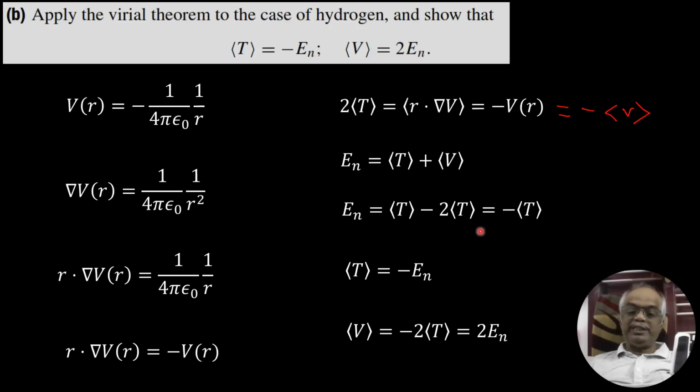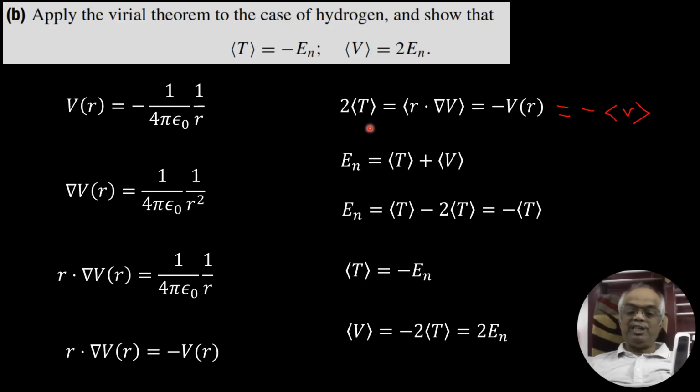Then naturally, E_n is equal to minus the expectation value of T. Then the expectation value of T is equal to minus E_n from this. You can see this is minus E_n. Then what about the expectation value of V?